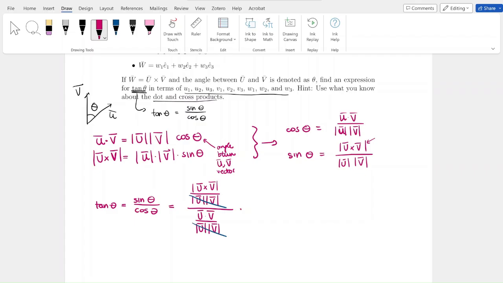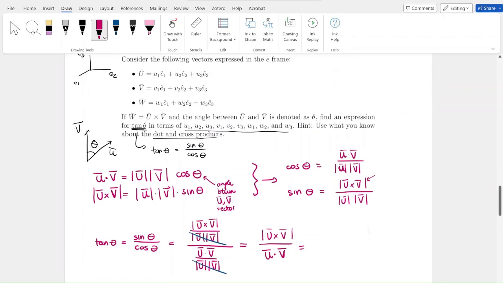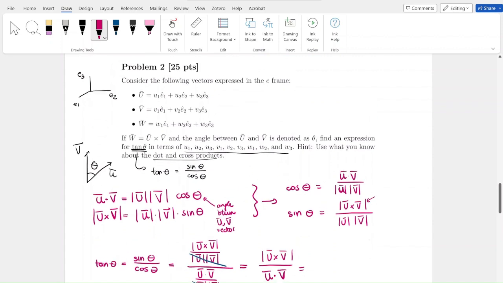If you flip the fraction over to the top, you can cancel those two. So we end up with the magnitude of U cross V divided by the dot product of U and V. Okay, that's a much nicer expression than what will happen next.